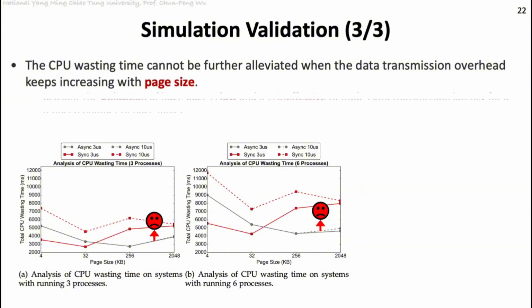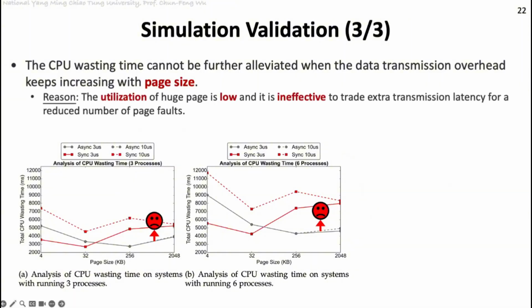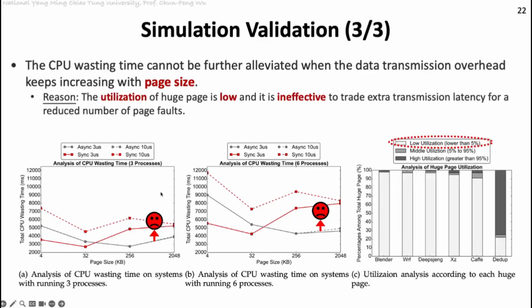But if the page size grows beyond 256 kilobytes, in this figure up to 2 megabytes, no matter which configuration, even if you are using an ultra low latency device or a general device, the CPU wasting time grows. So what is the reason?